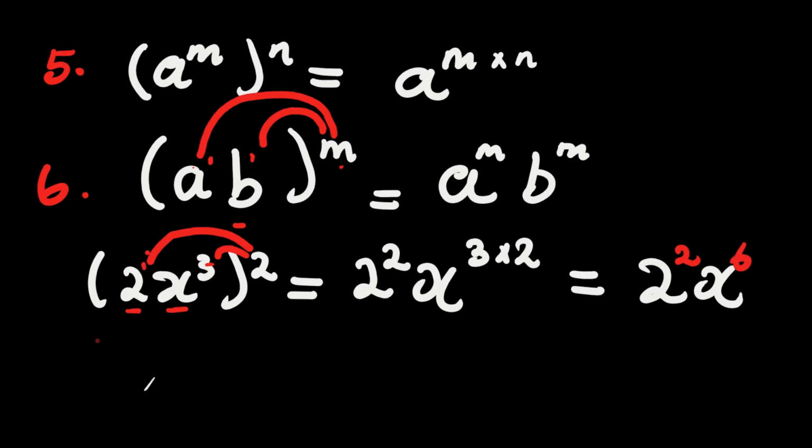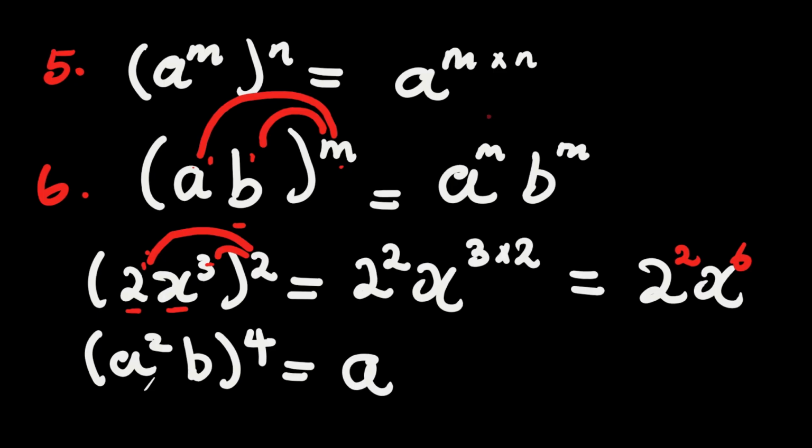Let's take a final example. We have a to the power 2, b, and all to exponent 4. Our answer here would have to be a to the power 2 times 4, b to the power 1 times 4 as well, just like that.